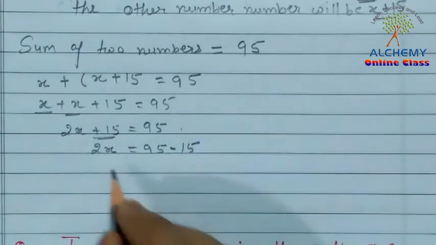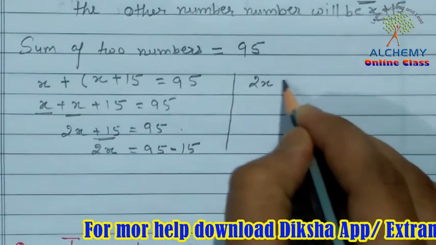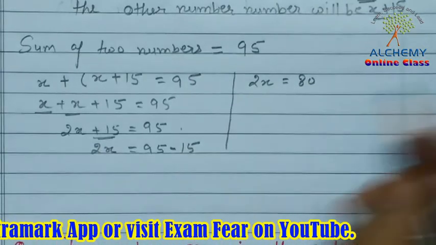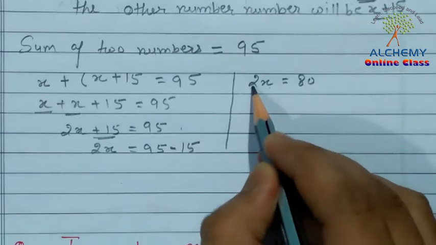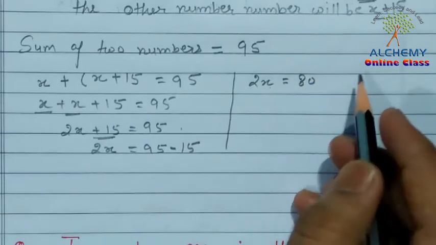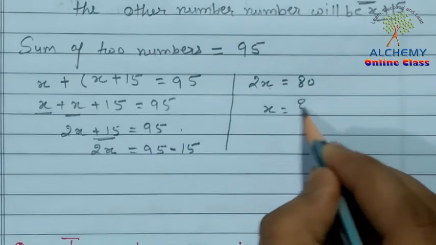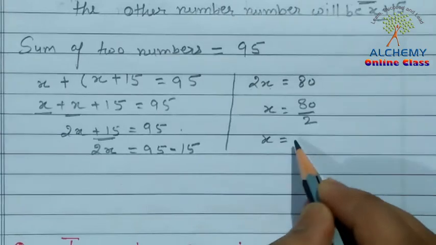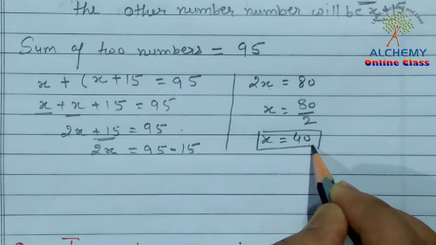Finally we get 2x is equal to 80. Because 2 is in multiplication with x, when this 2 goes to the other side, it changes into division. So x is equal to 80 upon 2, and finally x is equal to 40. So we got one number here.